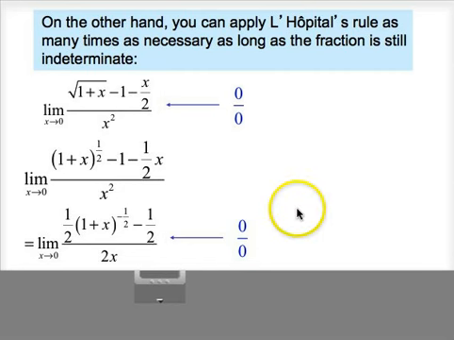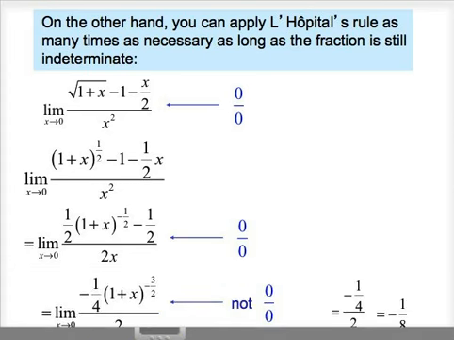The bottom derivative is simple. It's just 2x. If I plug 0 into x on the numerator and on the denominator, I get 0 over 0 again. So that gives me another indeterminate form, which means that I can apply L'Hopital's rule again.